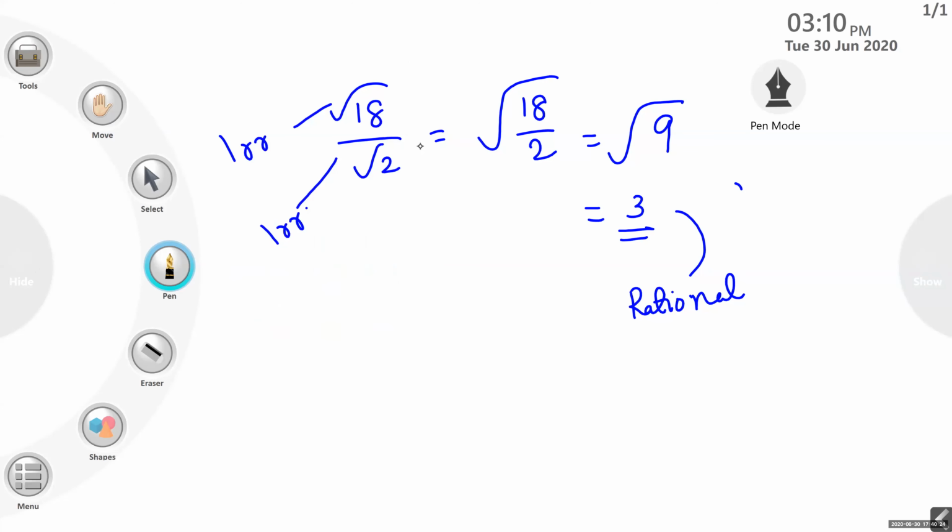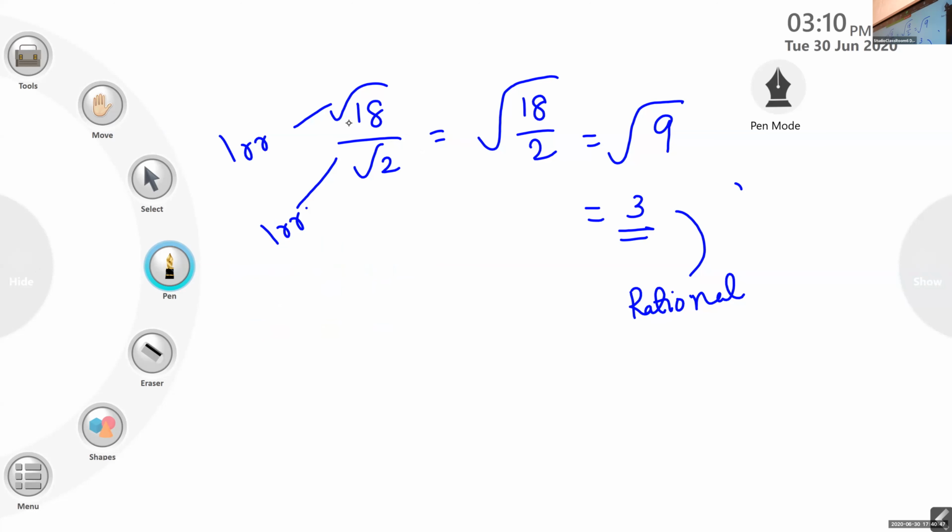Who will tell the answer? John Samuel, will you tell? Root 6 by root 2. That is root 3. There is no square root for it. You should get a perfect square inside the square root. Yes, John Samuel, try, you will get it.